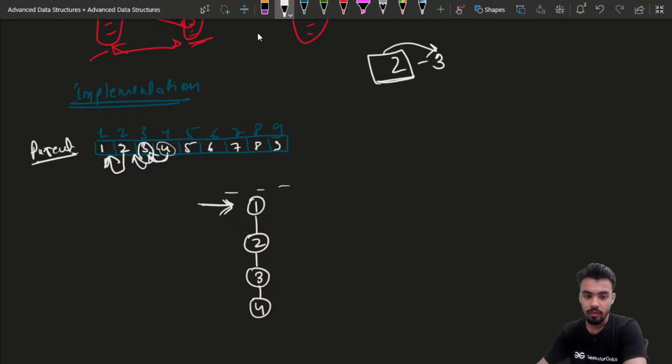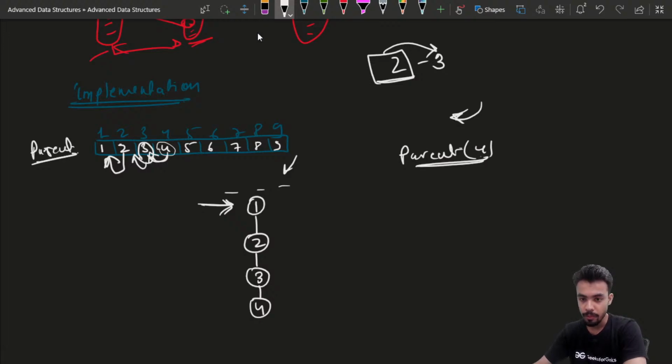So when you are finding the ultimate parent, you just have to do recursive calls. Like if you want to find the original parent of 4, you will check what is the parent of 4.